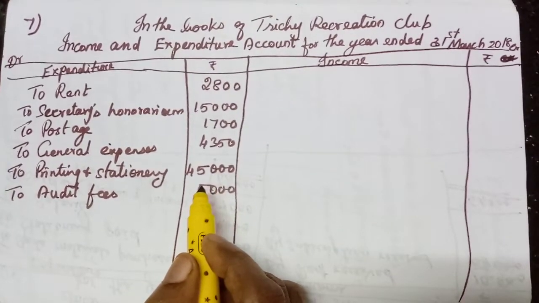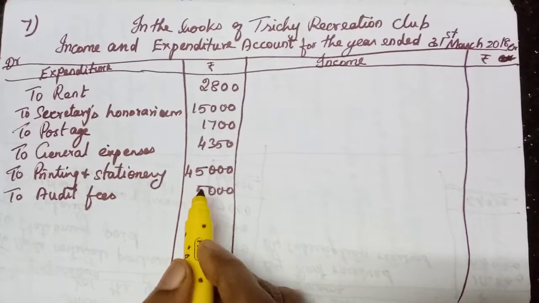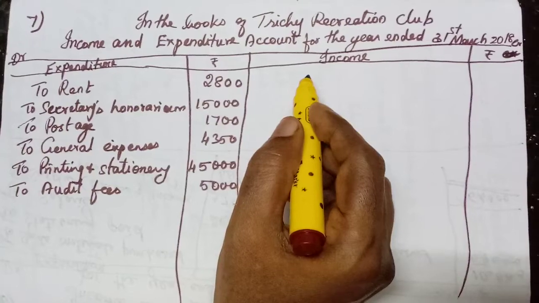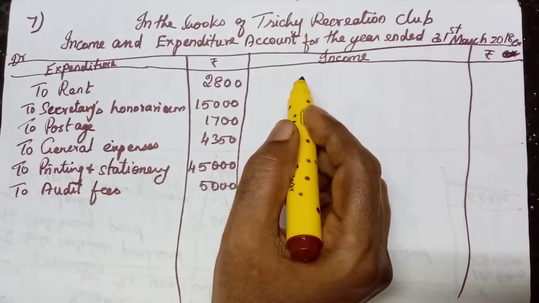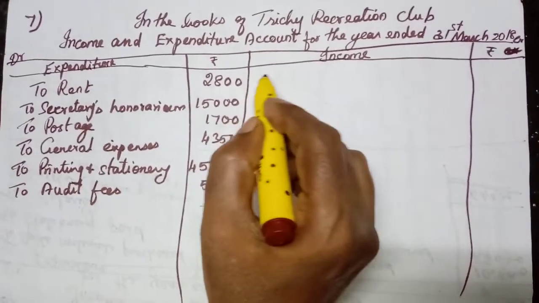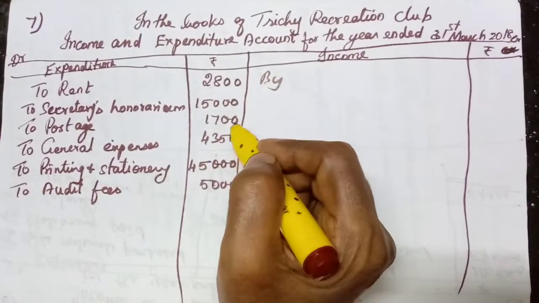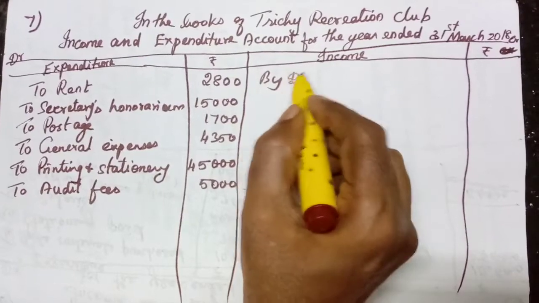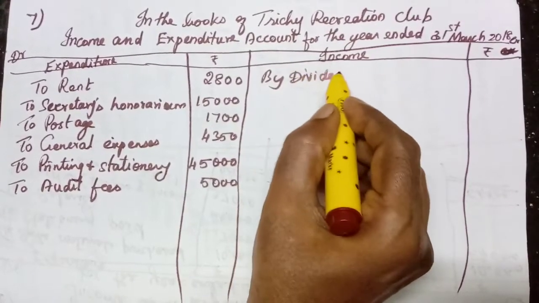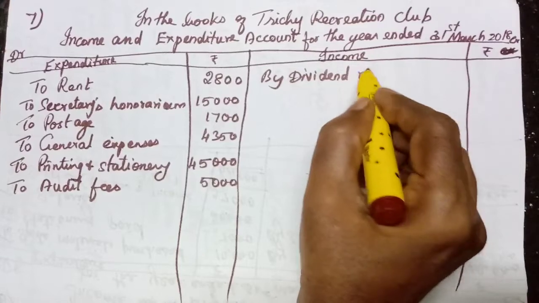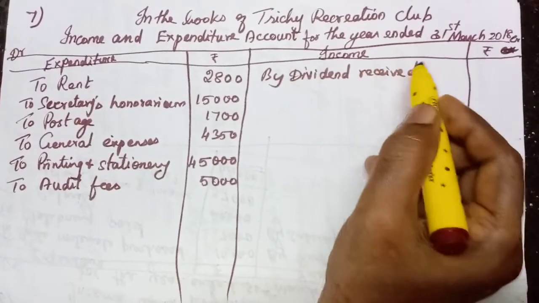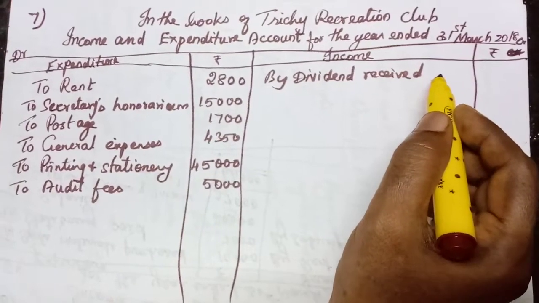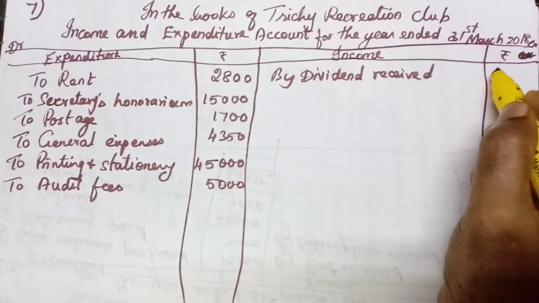Okay. Now that the debit side is done, what is given as receipts will be coming on the income side. So the opening balance we have to omit. The next one, dividend received: 27,600.